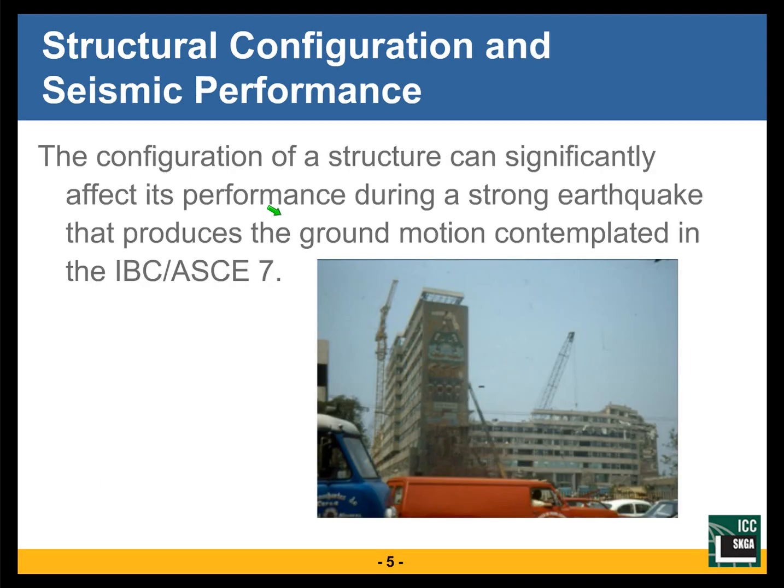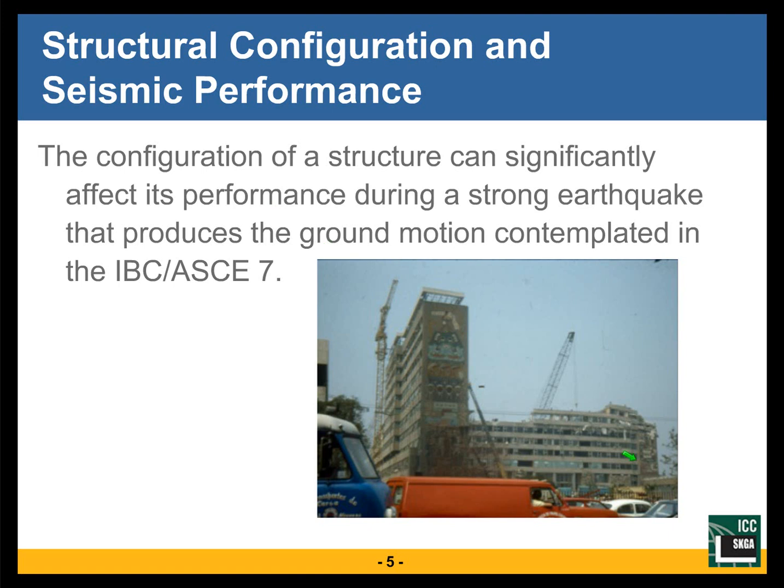As I just said, the configuration of a structure can significantly affect its performance during a strong earthquake that produces the ground motion contemplated in IBC or ASCE 7. So I have one example in the picture from the Mexico earthquake of 1985.